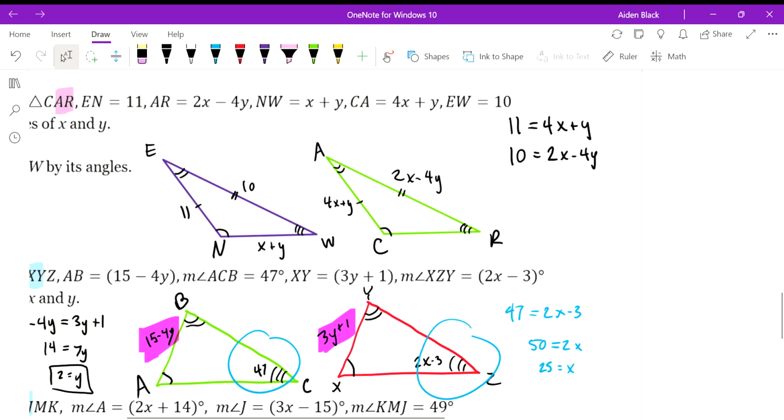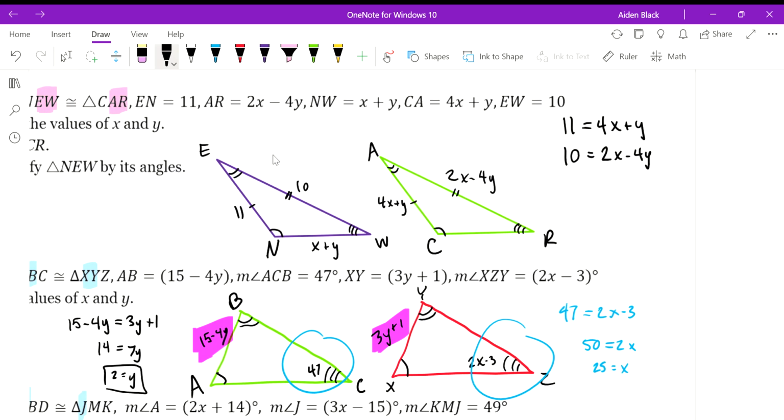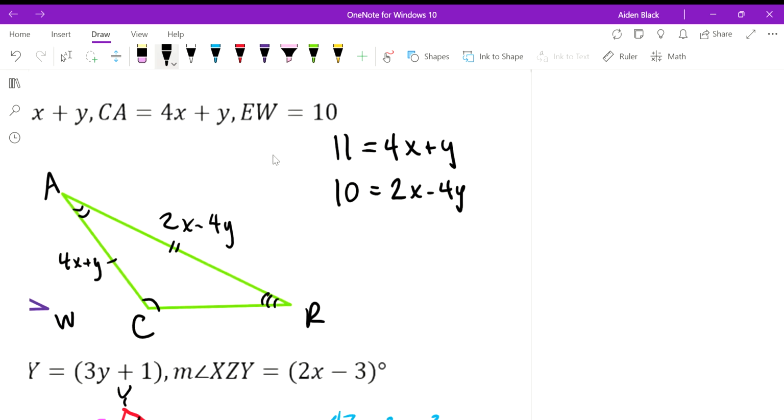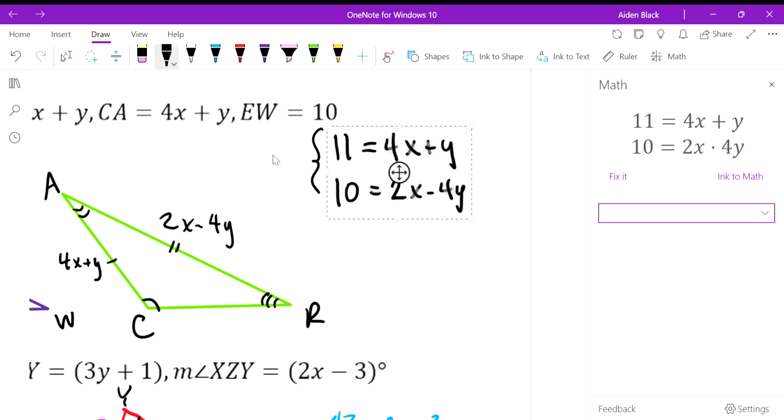And we don't have CR, so we're not going to compare that to NW. We're not going to write an equation based on that. So this is a system of equations. There's an x value, a y value, and there's two equations with both those variables in both of them. So there's actually three ways you can solve this. You can graph them if you feel comfortable graphing them and see where they intersect.